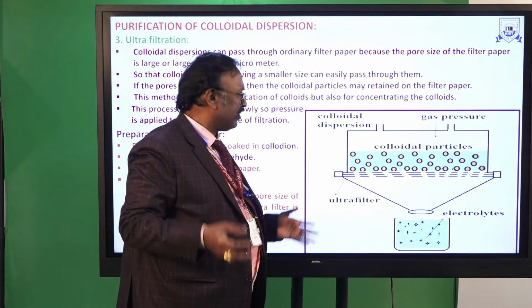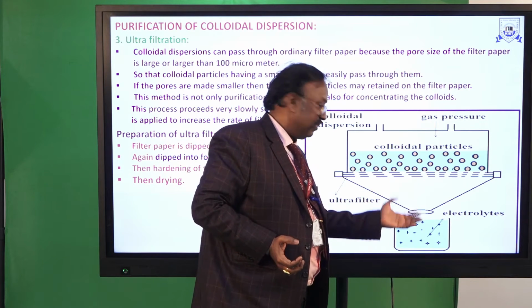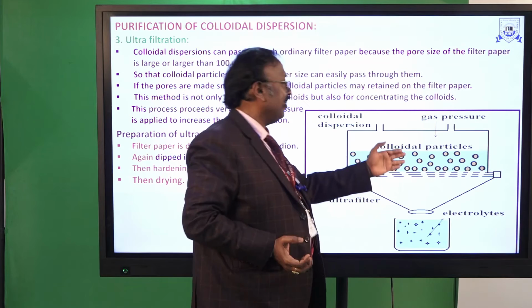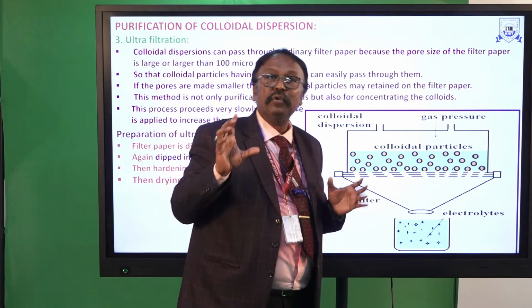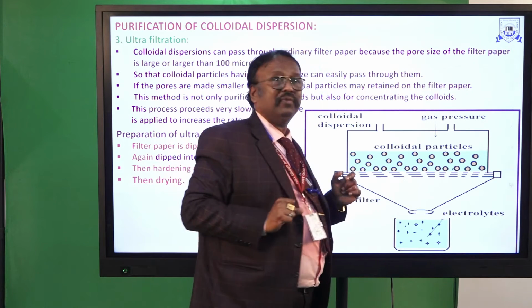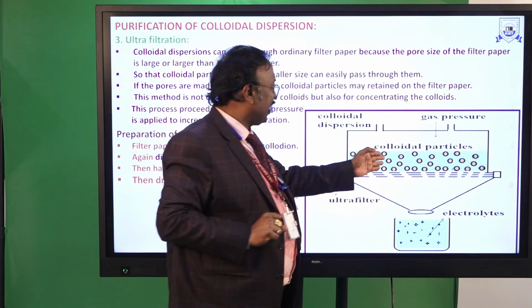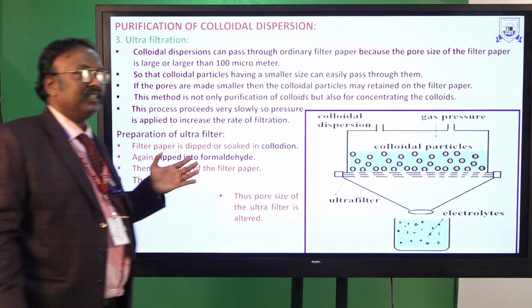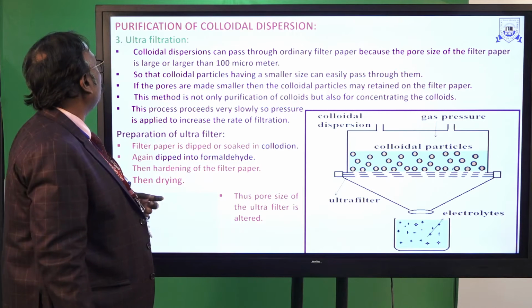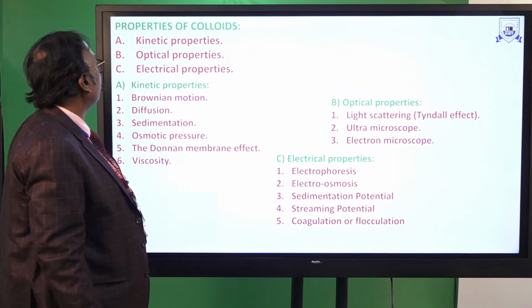The electrolytes and other impurities pass through the ultra filters and are collected at the bottom, and pure colloidal particles are retained, because they cannot pass through ultra filters. Then you can collect the pure colloidal particles. This is the last method, the ultra filtration technique for purification.